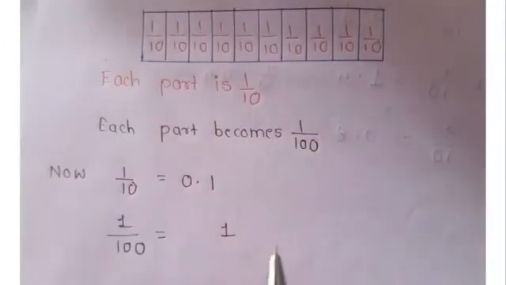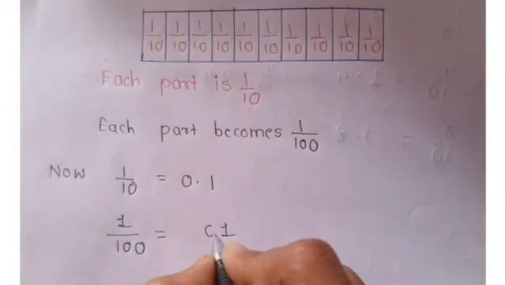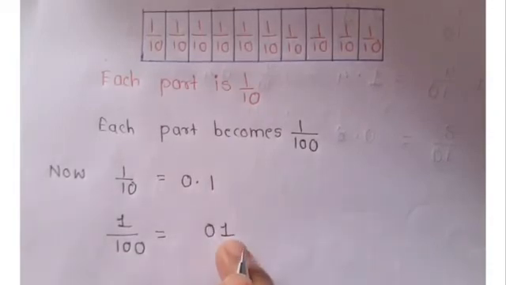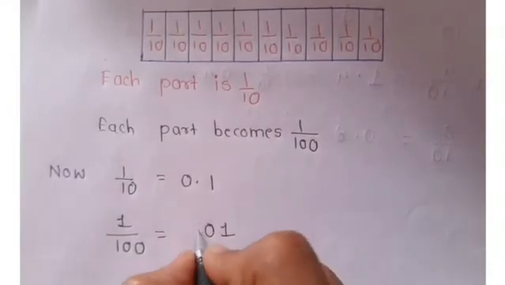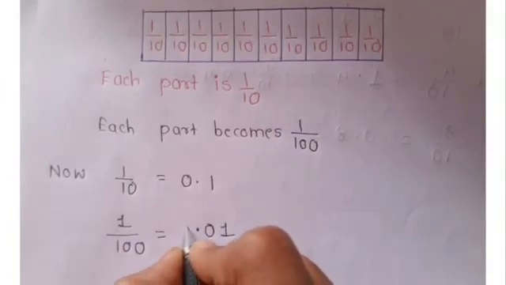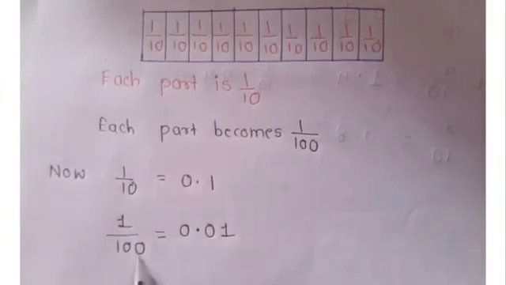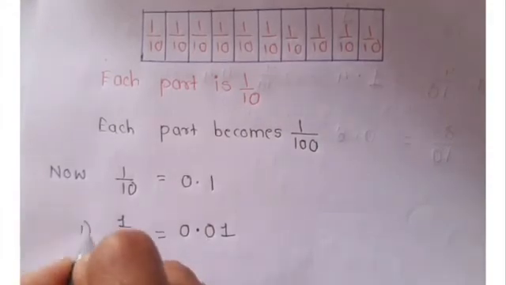So this is the first place, this is the second, point 0 1, because there are 2 zeros, so after the point there will come 2 digits.